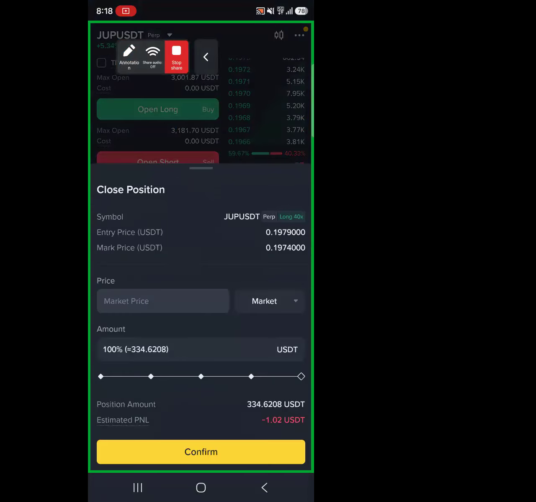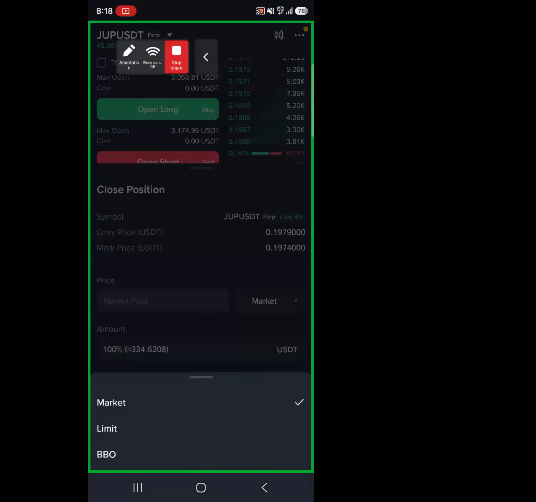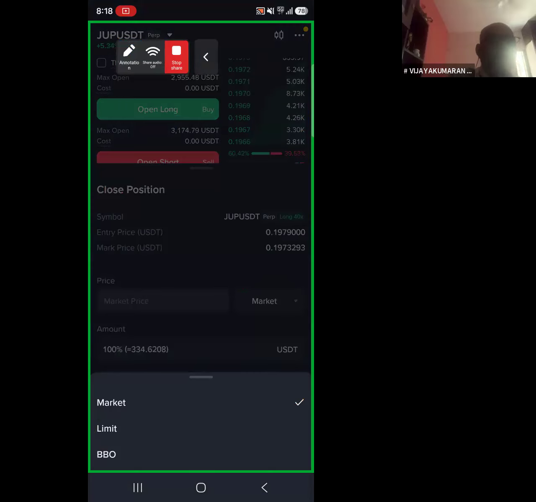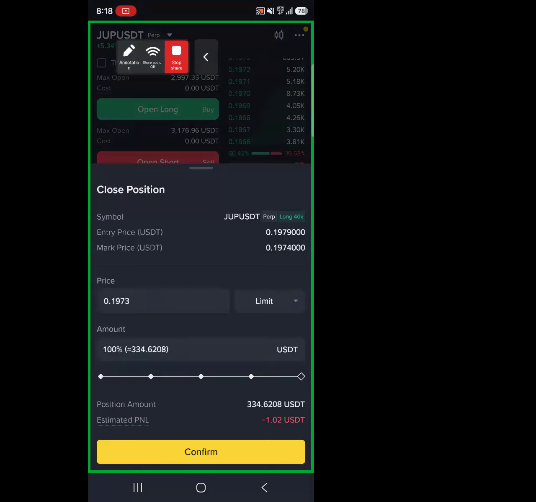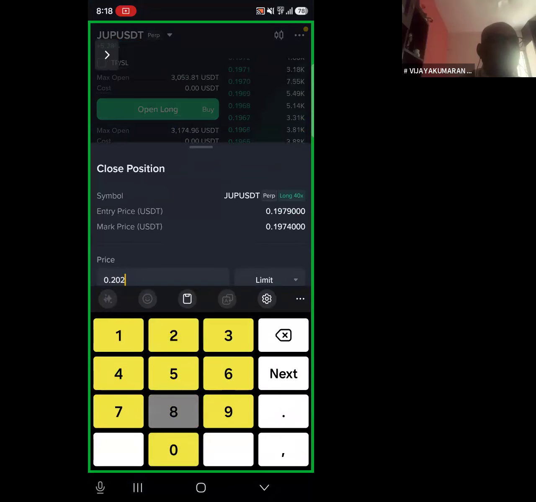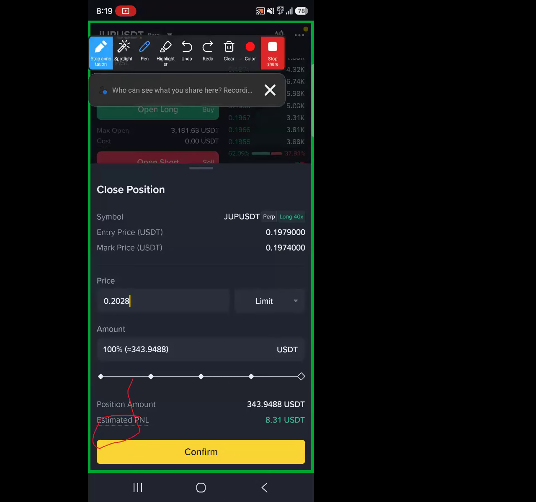Then you tap on market price, and choose limit, so you want the system to close at a limit order. Then you set the price here, 0.2028, and you want to close everything, right? This is the profit that you realize when the price gets to this point and the system closes the trade. You're going to have $8.3.